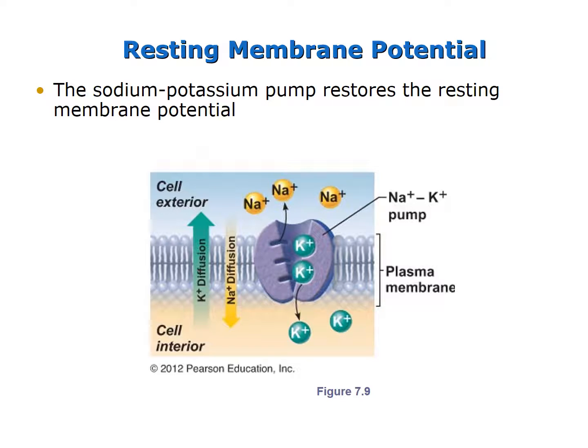That's where the sodium-potassium pump comes in, moving 2 potassium ions into the cell for every 3 sodium ions it moves outside the cell, restoring the resting membrane potential, where the concentration of potassium ions is higher inside the cell and the concentration of sodium ions is higher outside of the cell.